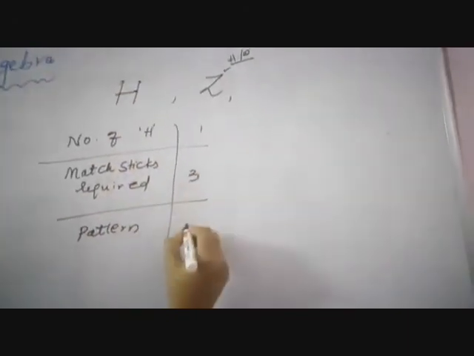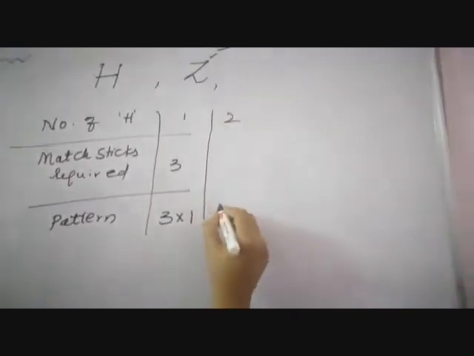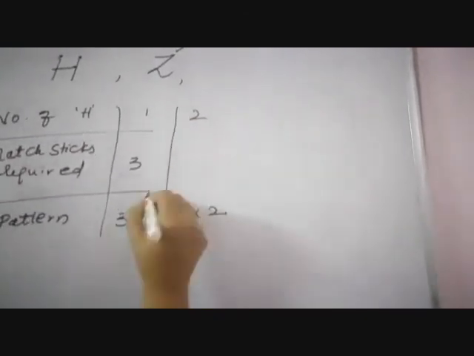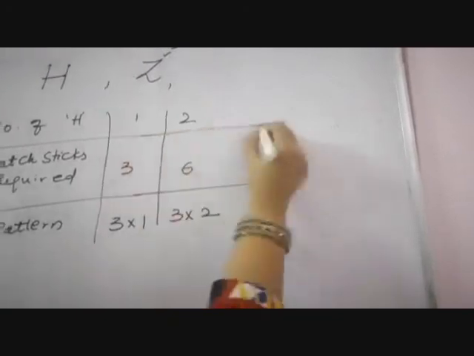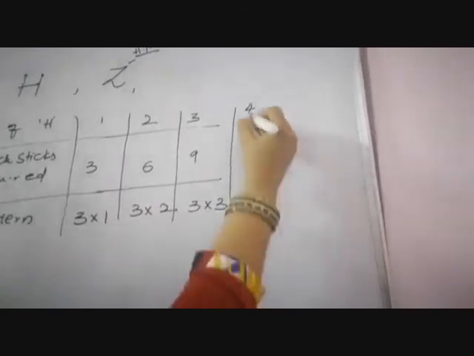So 3, that is mastics into 1 H. For 2 H, mastics into 2 H, that is 3 2s are 6. For 3 H, mastics into number of H, 9. For 4 H, that is 3 4s are 12.